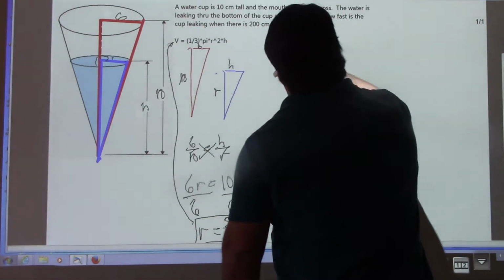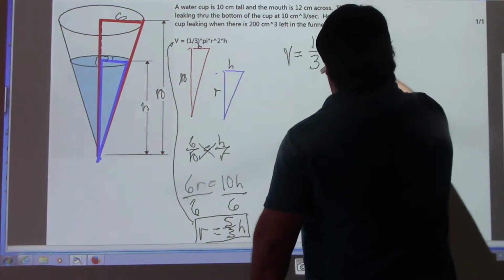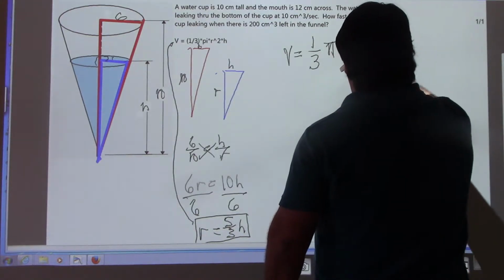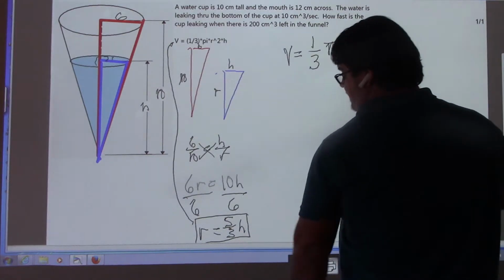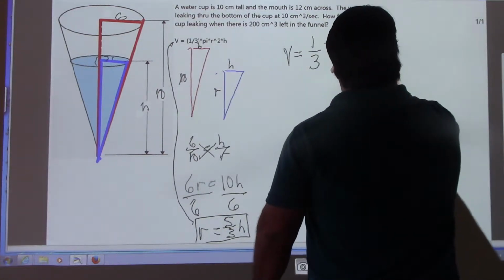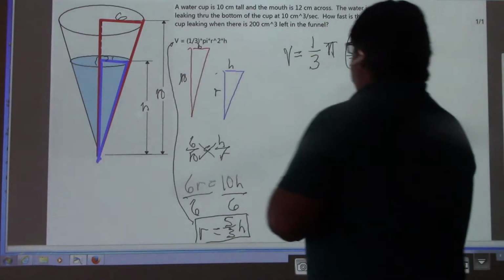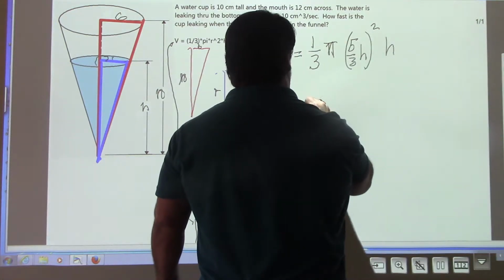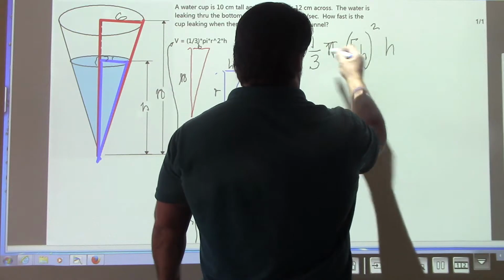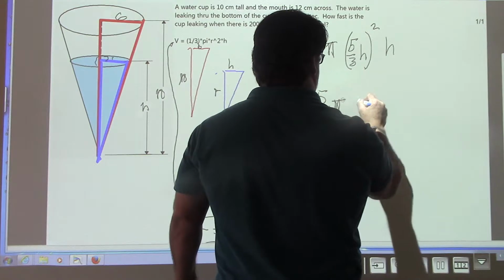So V is equal to 1/3 times pi times R squared times H, and R is 5/3 H. Cleaning this up, V is equal to 5/9 pi times H cubed.